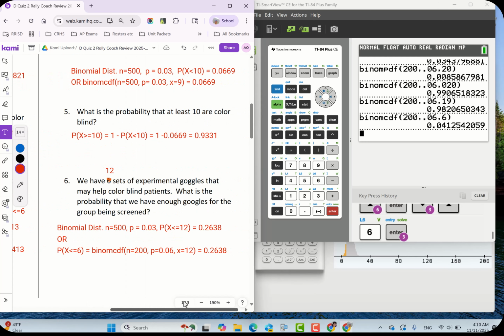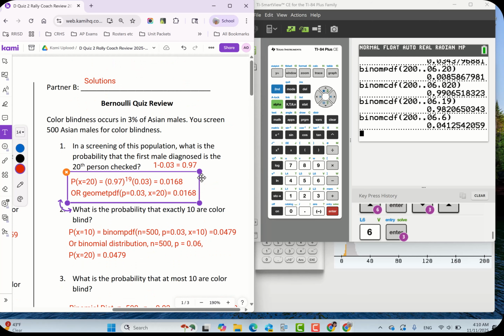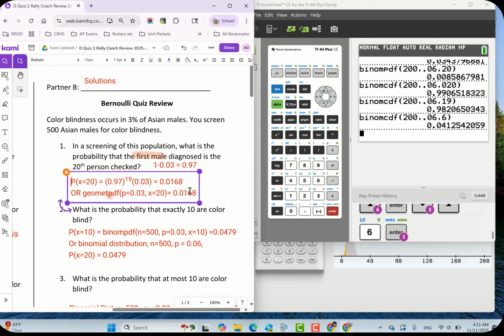There we go. Okay. So let's start at the beginning. We're doing geometric again. So let's make sure we double check our answers, doing it the same way you did here. Again, this is first male diagnosed. So we know it's geometric. All right. And it's Geometpdf right there. So you can use the formula, or you can tell me what distribution.